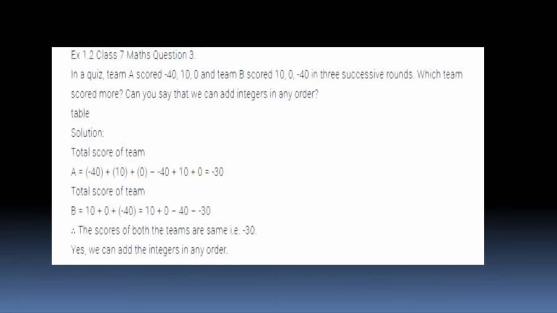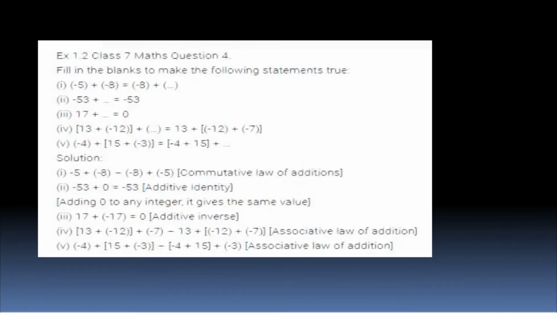The total score of team A is -40 plus 10 plus 0, which is -30, and the total score of team B is 10 plus 0 plus -40, which is also -30. As they have asked who scored more, both have scored the same. The other question was, can we add integers in any order? The answer is yes, we can add the integers in any order.